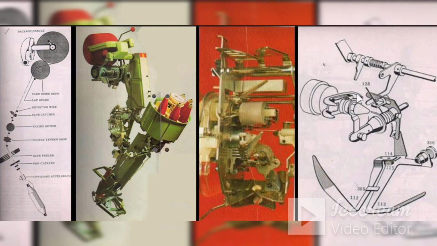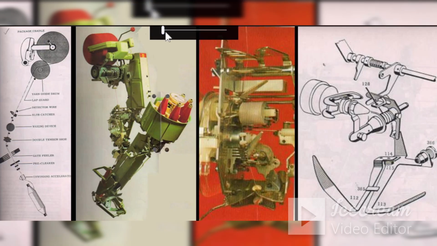A double tension shoe is pressed against the disc and the yarn passes between the shoe and the disc. Thus, this is an additive type of yarn tension. This is the photograph of the tensioner.